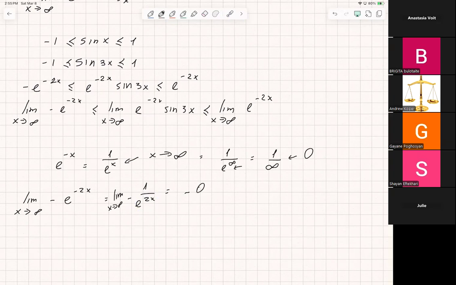It doesn't matter if it's negative or positive. And for the other side, the limit as x approaches infinity of positive e to the -2x is the same thing: 1 over e to the 2x. Again, if we plug in infinity, we have a really big value in the denominator, which gives us a really small value overall for the fraction.